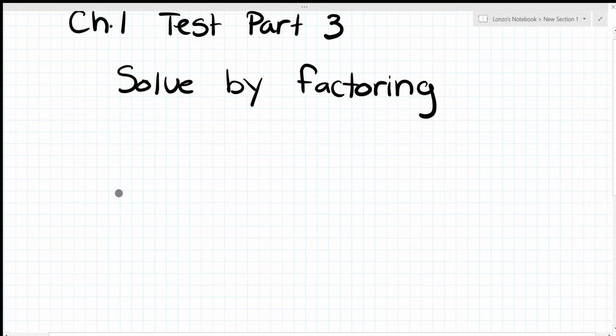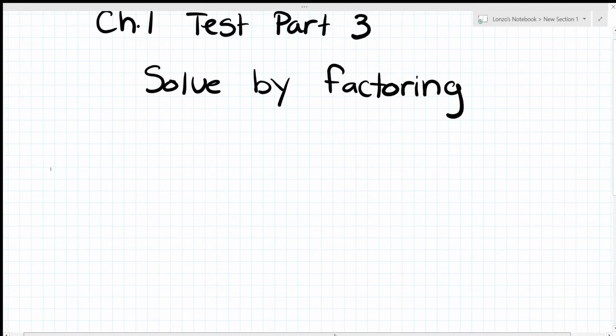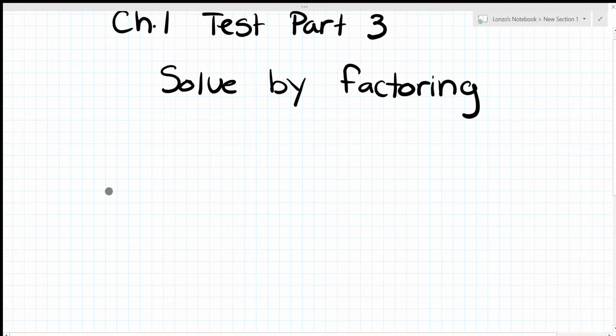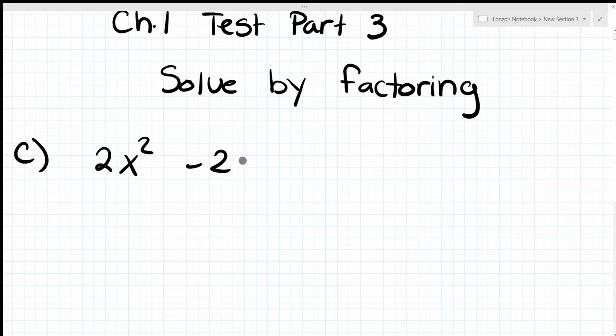Let's do C. 2x squared minus 2bx plus 8x minus ab. So we got to solve by factoring.